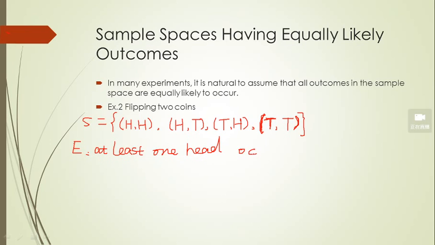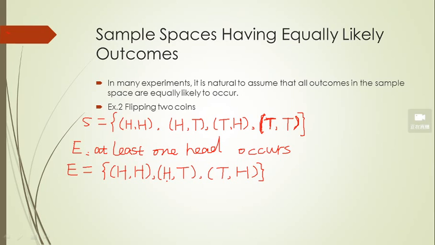So the event E consists of the outcomes double head, HT, and TH. That means at least one head occurs, including one head occurring in those 2 outcomes, and both heads occurring.